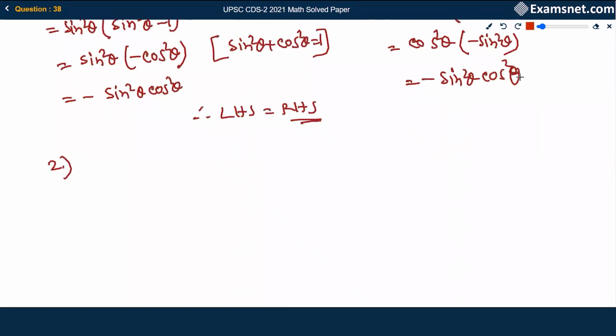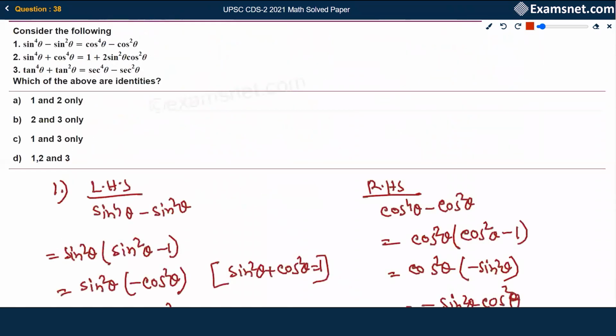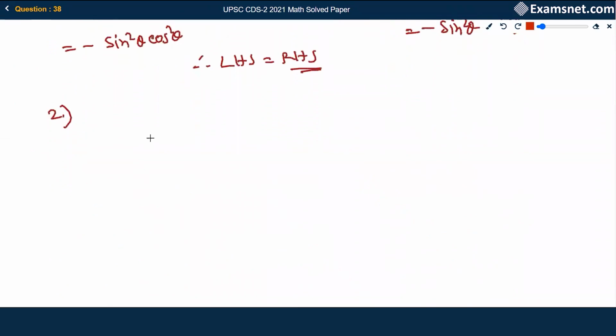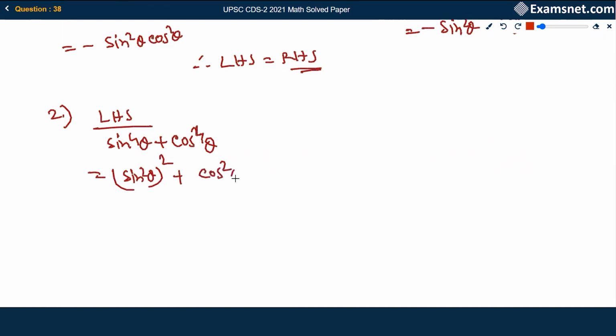Next, in the next statement, we can see sine to the power 4 theta plus cos to the power 4 theta. So LHS is sine to the power 4 theta plus cos to the power 4 theta. We can consider it as sine square theta whole square plus cos square theta whole square.